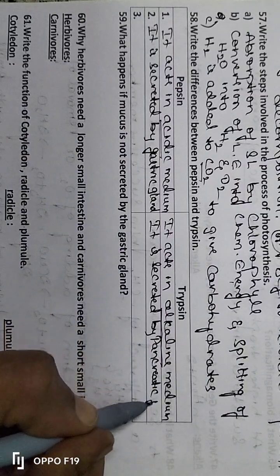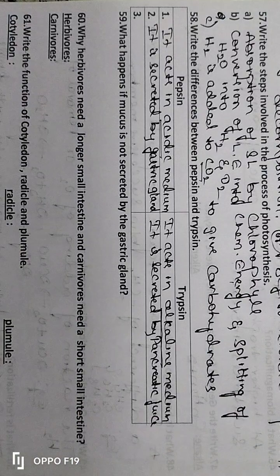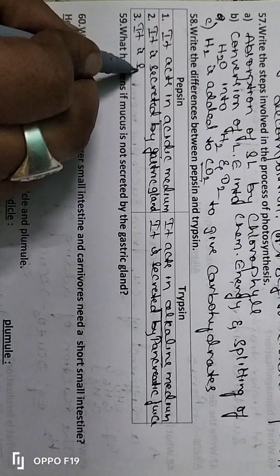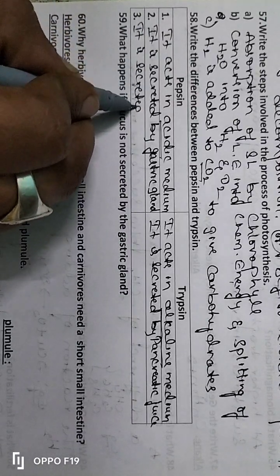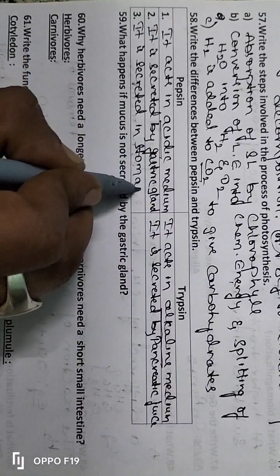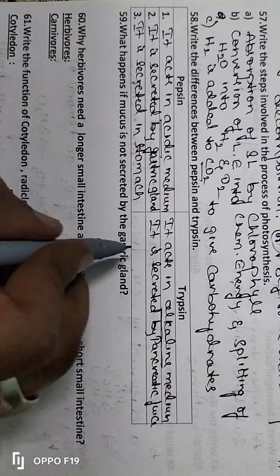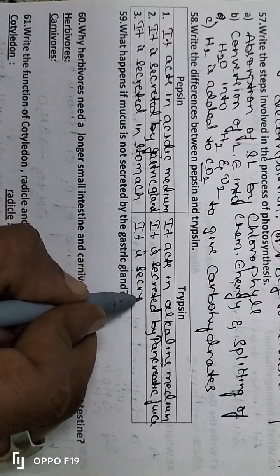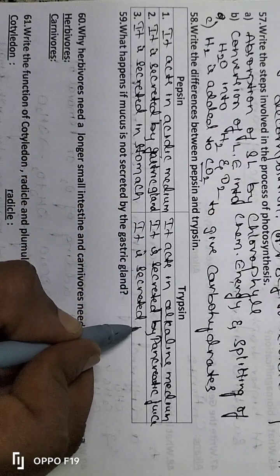Who will secrete trypsin? Pancreatic juice. Then pepsin is secreted in the stomach. Where is it secreted? In the stomach. Then trypsin is secreted in the small intestine.